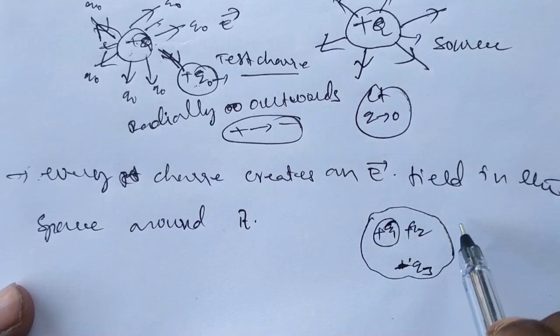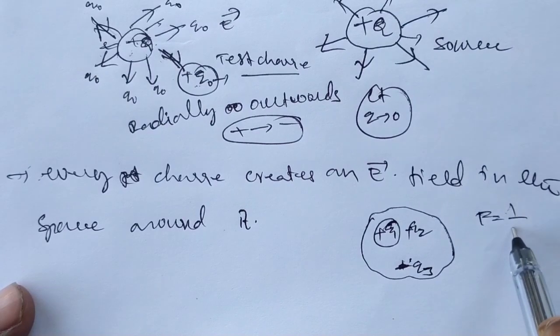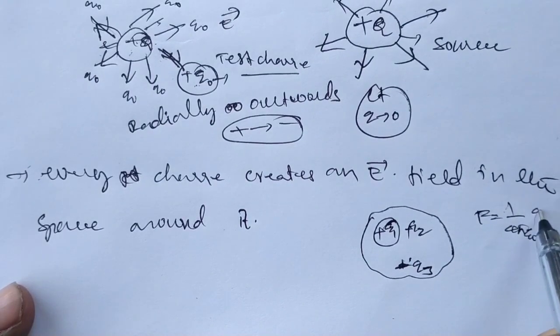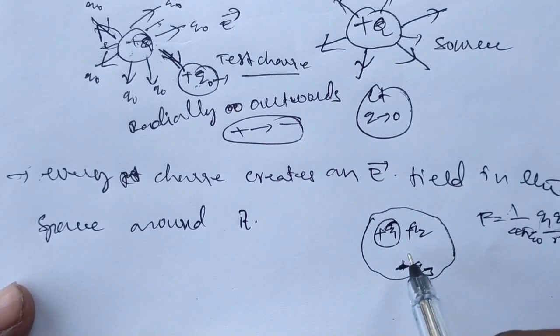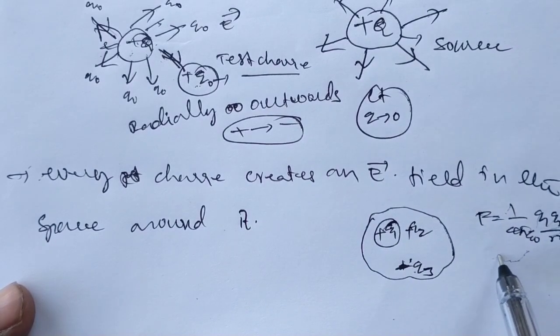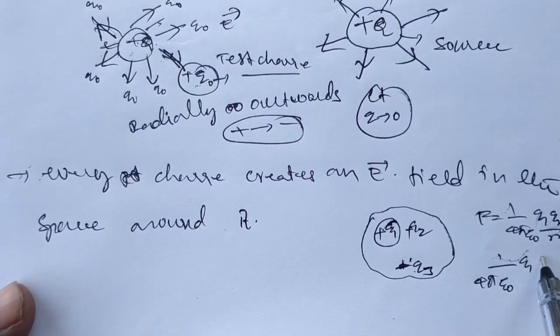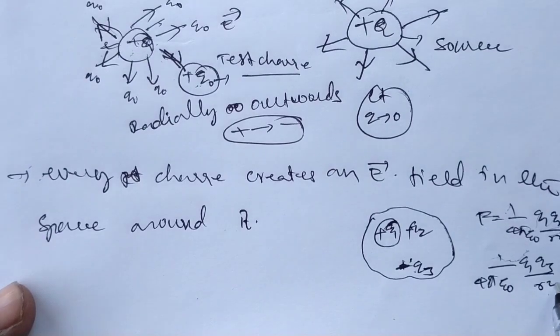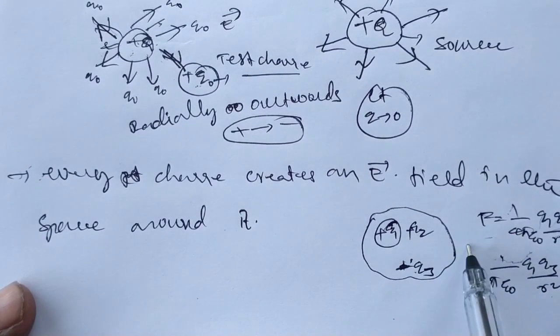Okay, here I know the force between the two charges is 1 by 4 pi epsilon naught q1 q2 by r square. Between q1 and q3 you can write 1 by 4 pi epsilon naught q1 q3 by r square. That you already know between two charges or multiple charges.